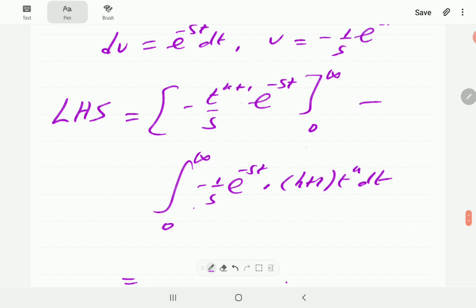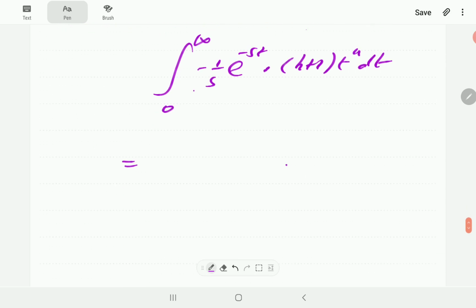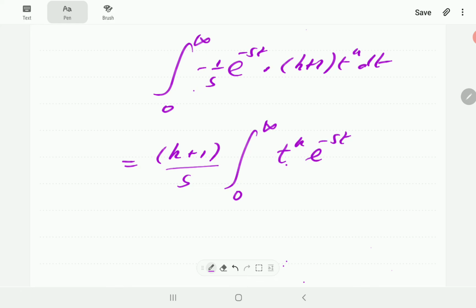Then minus and minus there is going to give us a plus. If you factor out the constants, there's going to be k plus 1 in the numerator. Going to be s in the denominator. Then this is going to be t to the power k e to the minus st.